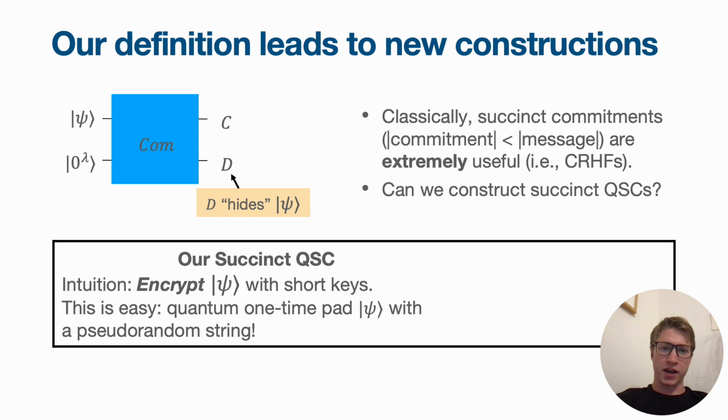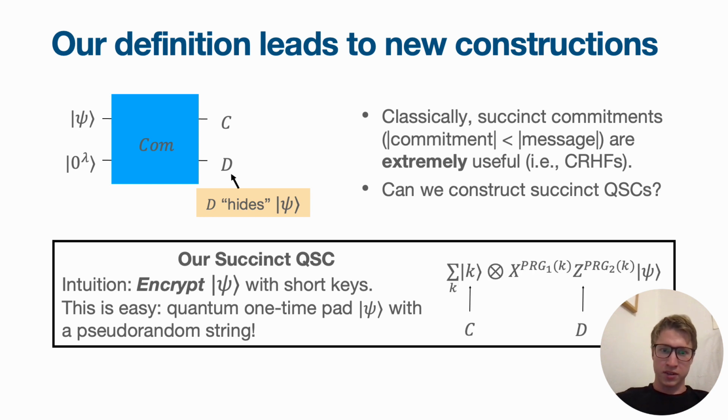So whenever you're trying to hide a state from someone, the obvious thing to do is to just encrypt it. So take any secret key encryption scheme where the keys are much shorter than the message you're trying to encrypt, and we could just encrypt psi using the shorter keys, and then send away the keys. And this is going to hide the state from ourselves, from the D register, so it's going to be swap binding.